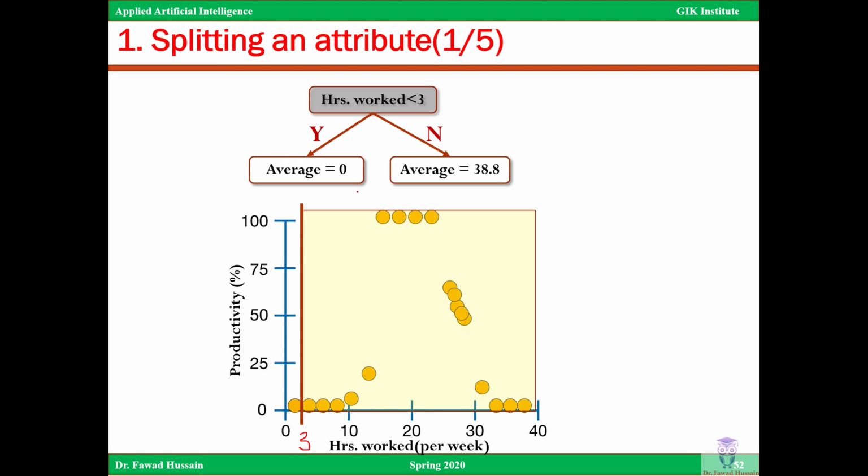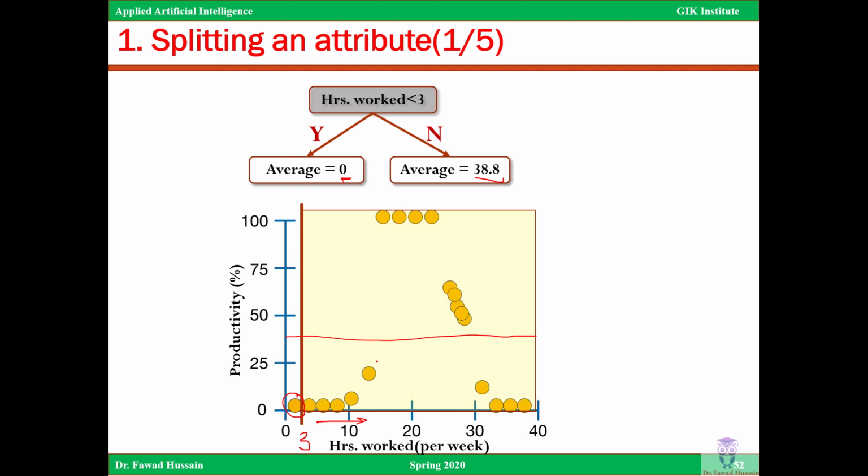On the left part, the yes part, if it's less than 3, I only have 1 data point, and the value here is 0. So this is represented as the average value here is 0. And on the right side, I have a lot of data points, and the average of these values is 38.8. So it goes somewhere around here.